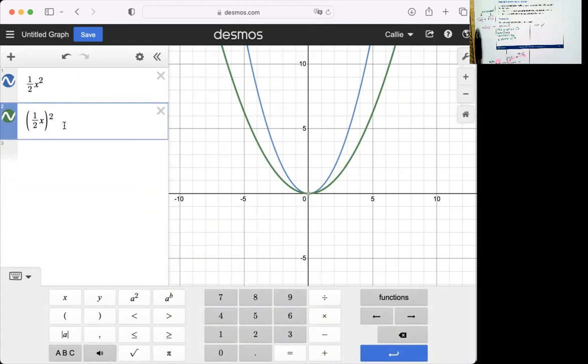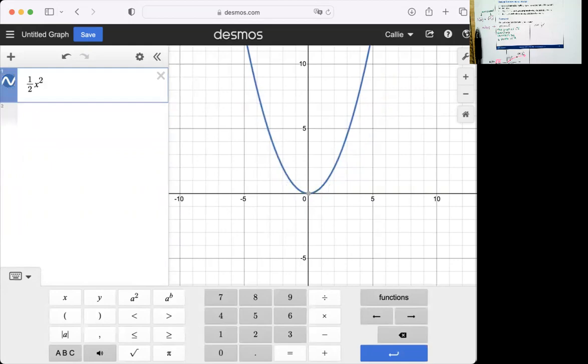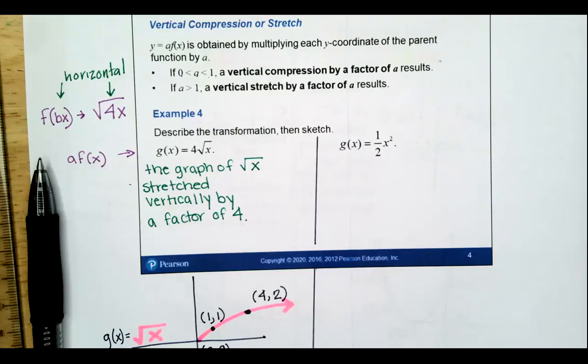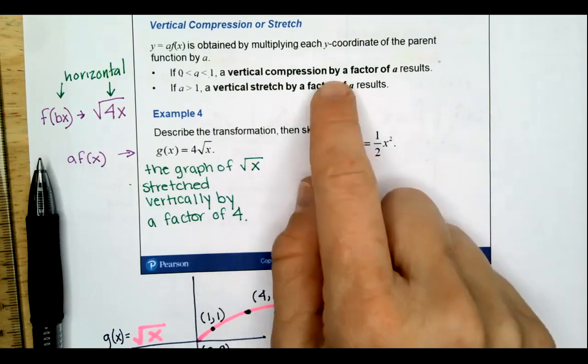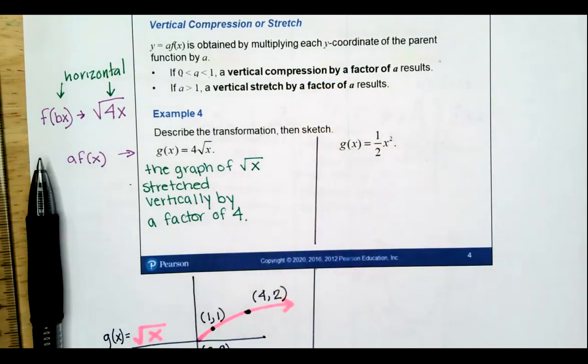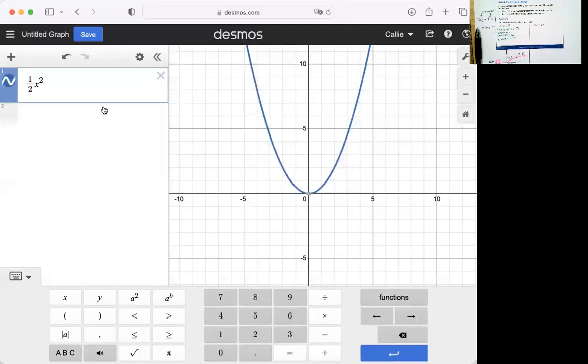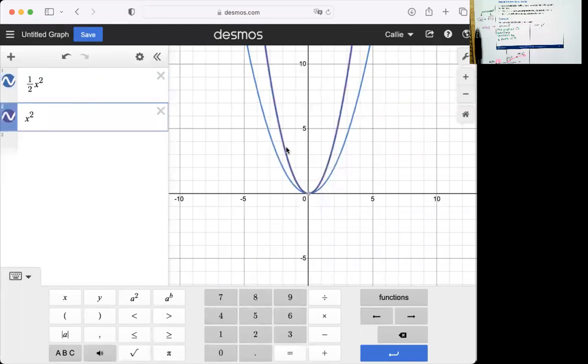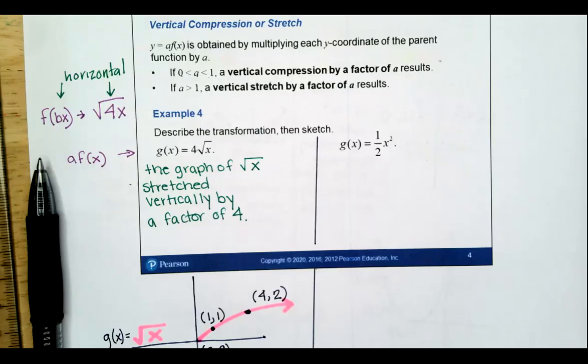Okay, so the squared is not being applied to the 1/2. That's how we know that it is a vertical instead of a horizontal stretch or compression, because it's a compression, right? We made it smaller. Go back to Desmos. There's 1/2 x squared, and then there's x squared. You can see that x squared is taller than 1/2 x squared. So we are compressing it.